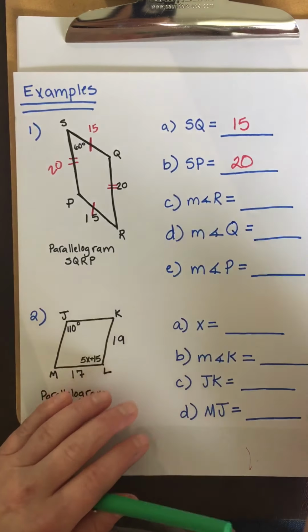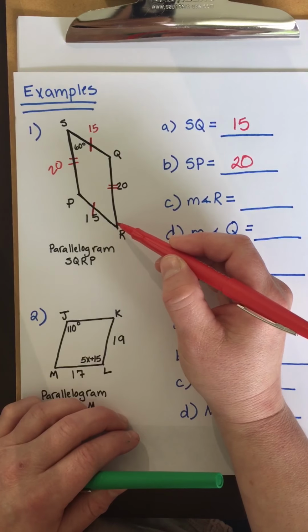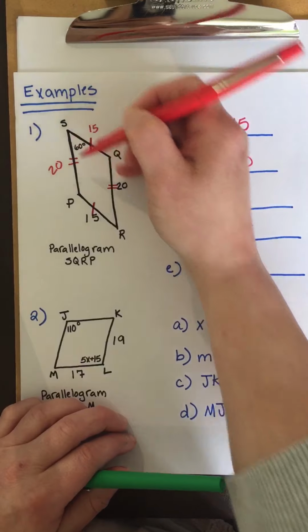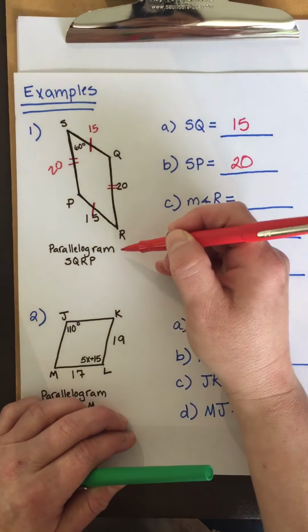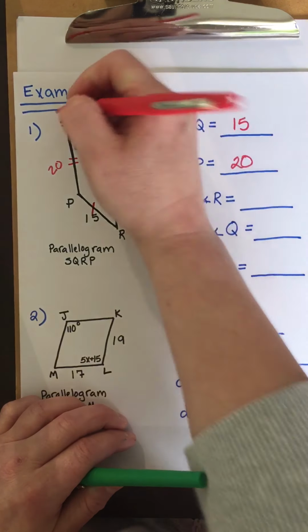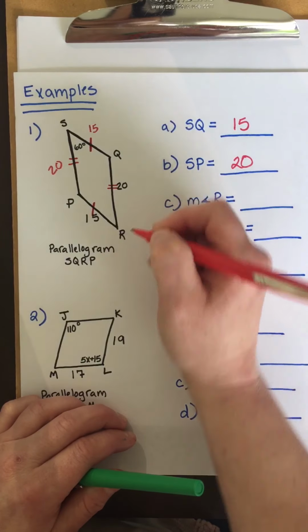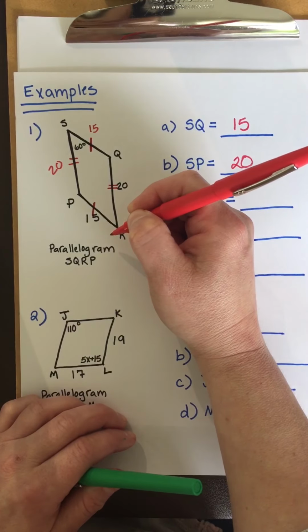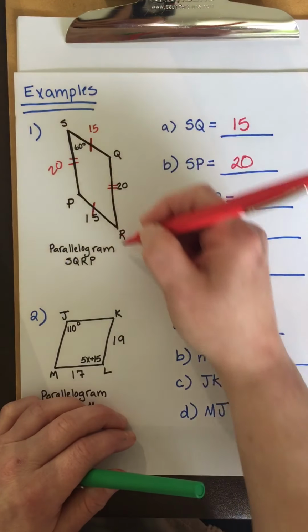All right, the next one wants the measure of angle R. Now, angle S and angle R are opposite angles. They're directly across from each other. See? And I know because this is a parallelogram that opposite angles are congruent. The angles that I would connect with a diagonal.